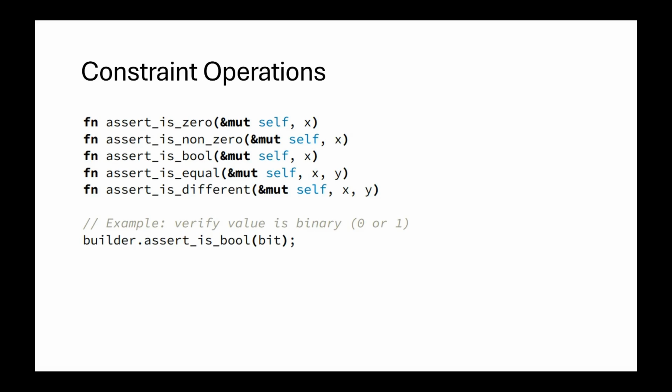But actually, the non-zero and boolean constraints are converted to 0 constraints. It's done by the compiler, and it will be optimized.